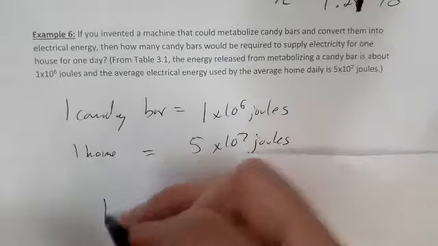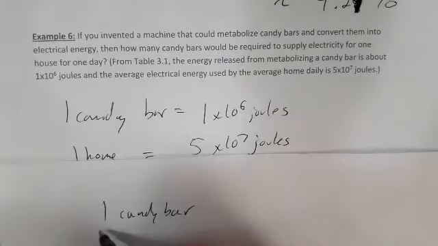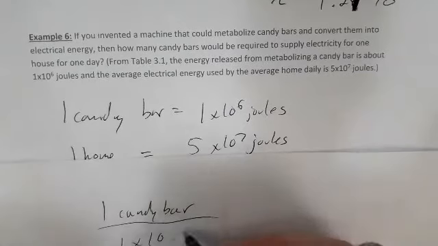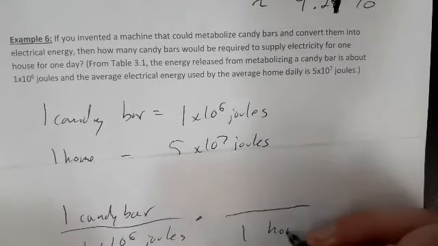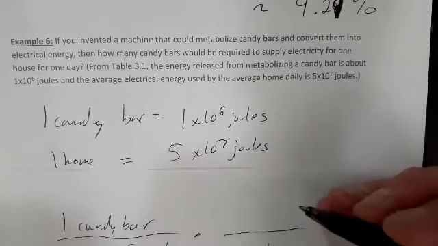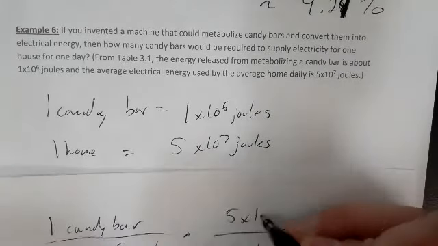But I know I want to end up with candy bars on top. I want to know how many candy bars to supply one home. How many candy bars per house? And this is 5 times 10 to the 7 joules.